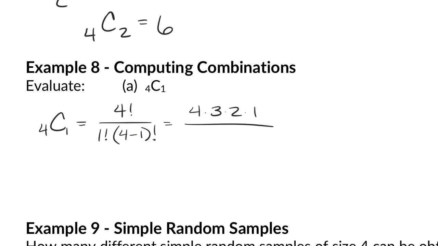The denominator, I would have 1 factorial, which is just 1. And then 4 minus 1, which is 3. So then I need 3 factorial. What cancels on top and bottom? 3, 2, 1. So 4 choose 1 is 4. Now that makes sense. I have 4 options in front of you. Pick one. How many ways can you pick one thing? 4 different ways. You could pick one of the 4 things. This makes sense.